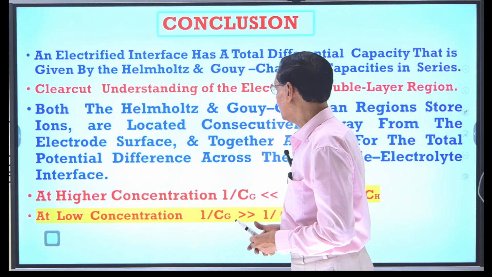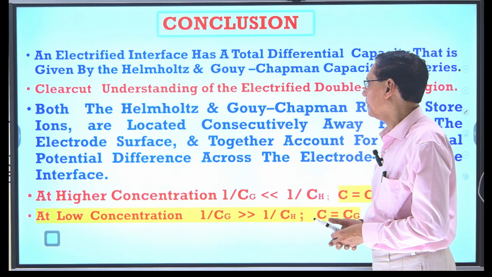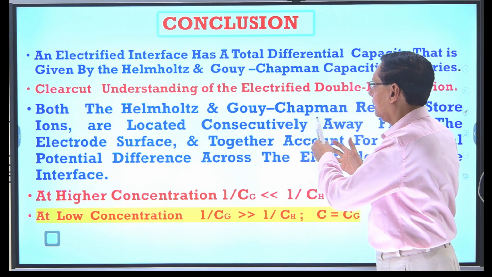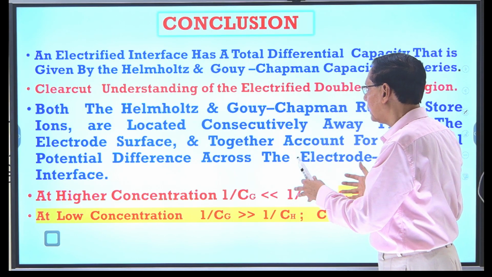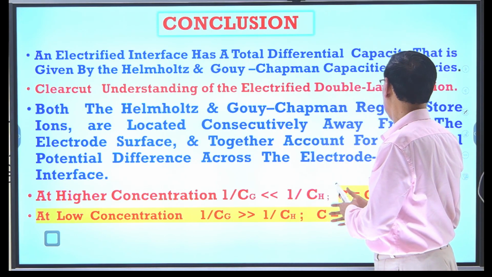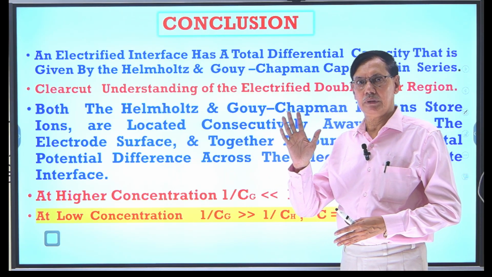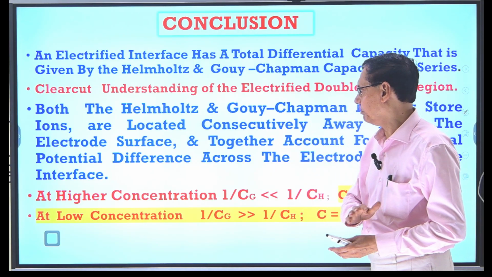Second, both the Helmholtz and Gouy-Chapman regions store ions located consecutively away from the electrode surface and together account for the total potential difference across the electrode-electrolyte interface. Because they have their own characteristics, compact layer and Gouy-Chapman layer.